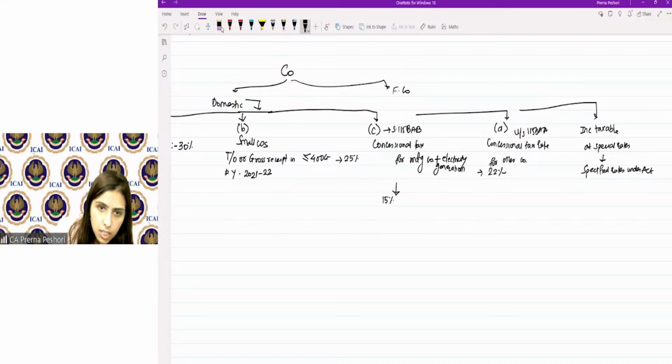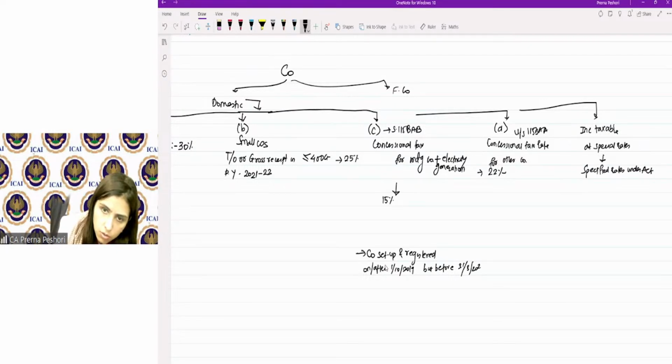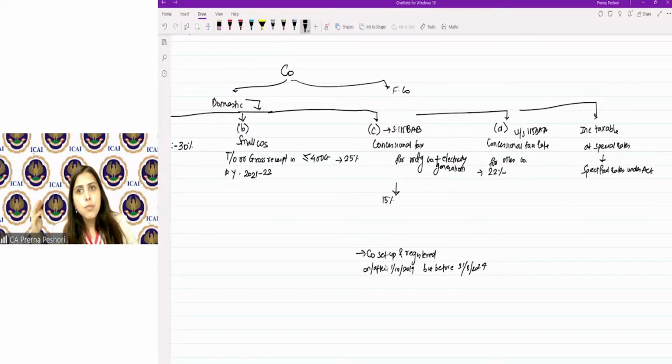The company should be set up and registered on or after 1st October 2019, but before 31st March 2024. So the company should be a new company, after 1st October 2019 and before 31st March 2024.